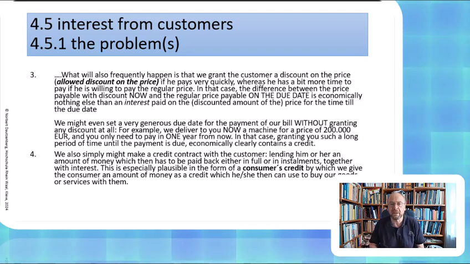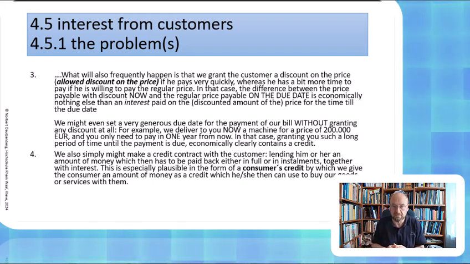That's a very effective way usually to give people an incentive to pay very quickly. Naturally, the difference between the reduced price and the full price is basically economically a kind of interest payment for the permission to pay, let's say 20 days later.